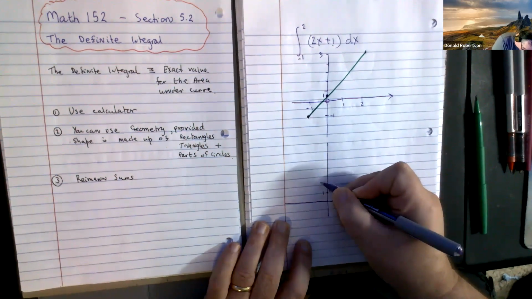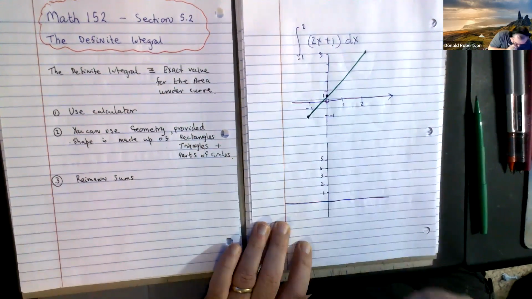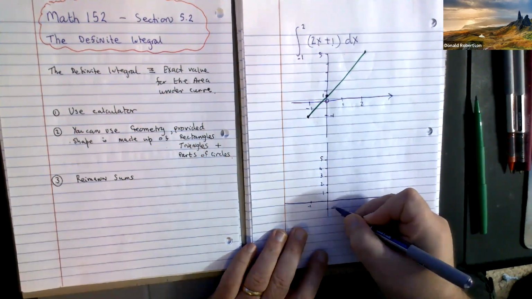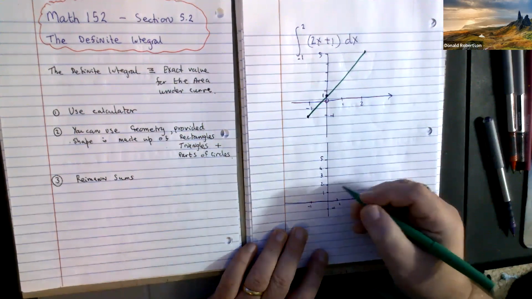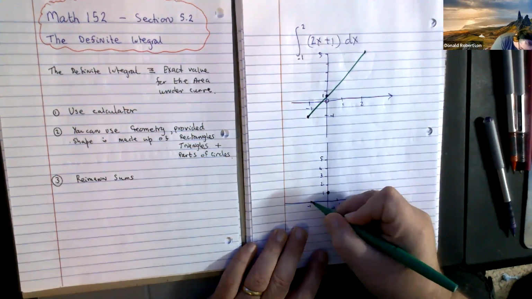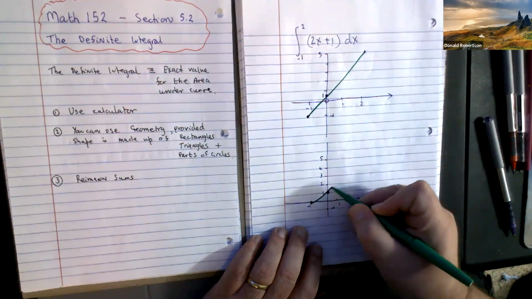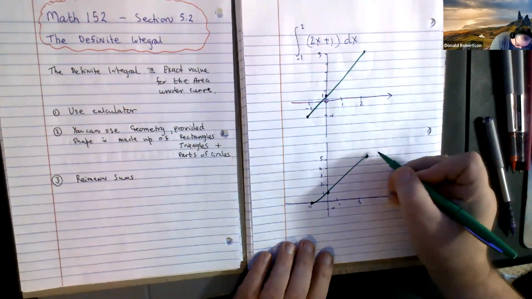Here's 1, here's 2, here's 3, here's 4, here's 5. Here is -1. There's -1. Here is 1, here is 2. And it passes there, and it passes there, and finishes something like that. So that's what the straight line looks like.